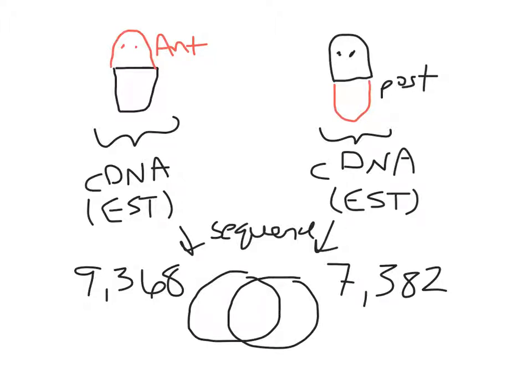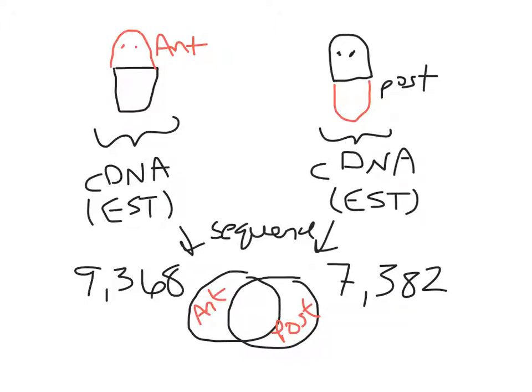Right. So the trick here is they're looking for differences in gene expression between the left side and the right side. So if there are genes that are specific to anterior development, they should only be part of those 9,368 genes. And in the planarian on the right, if there are genes that are important in posterior development or patterning, then those should be a subset of the 7,382 genes.